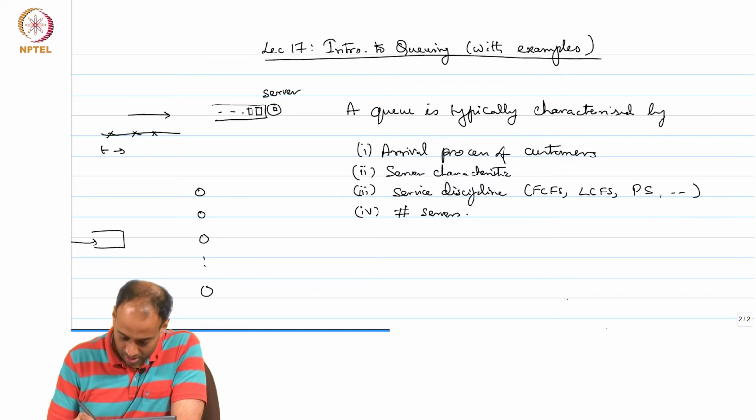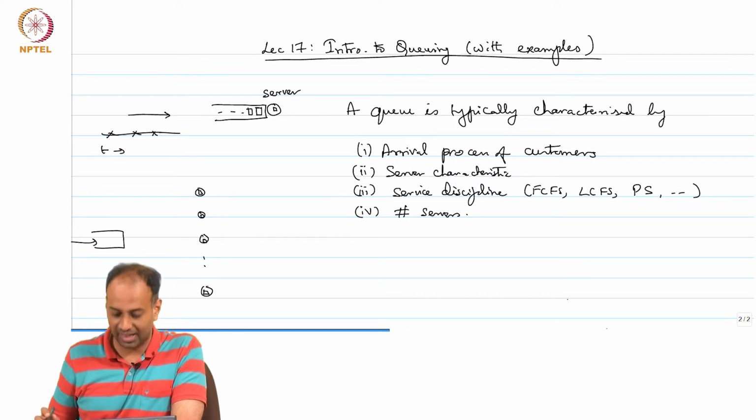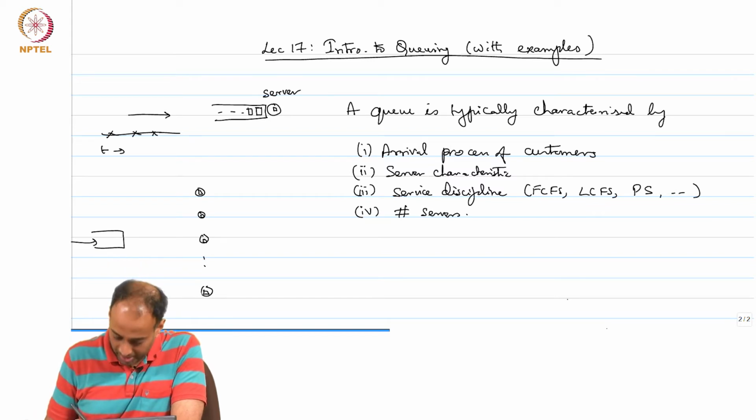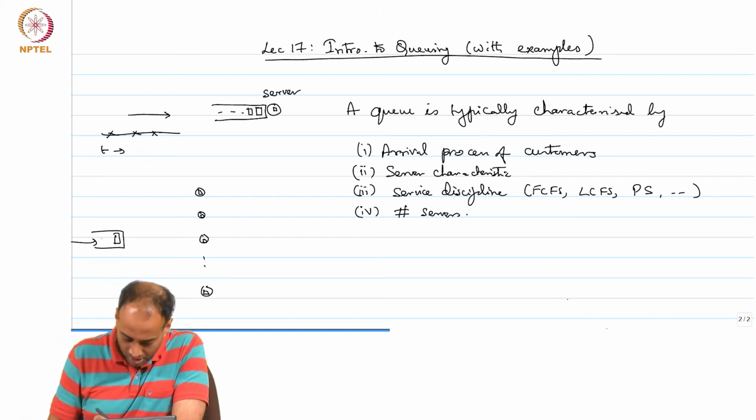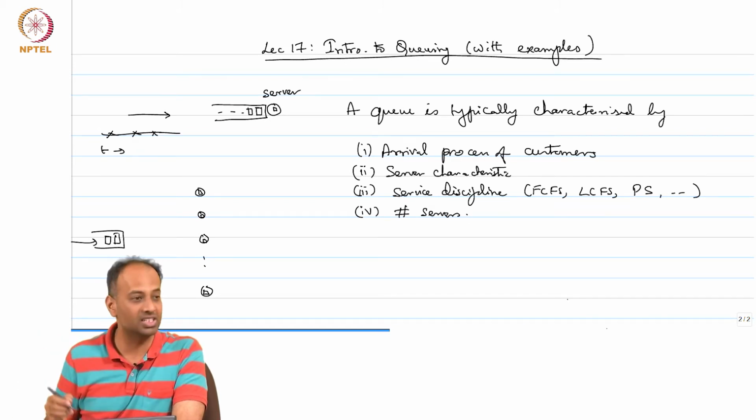So, they all serve different customers, this is like an airline checking counter. So, the moment this guy finishes taking in, the next person in queue will be directed to the server which just finished serving somebody. So, there is only one queue, but the number of servers is many.